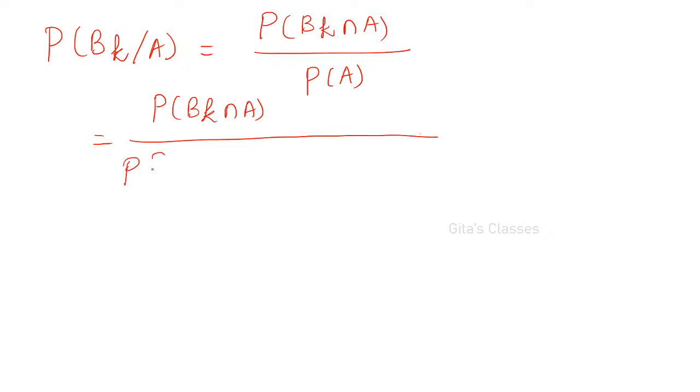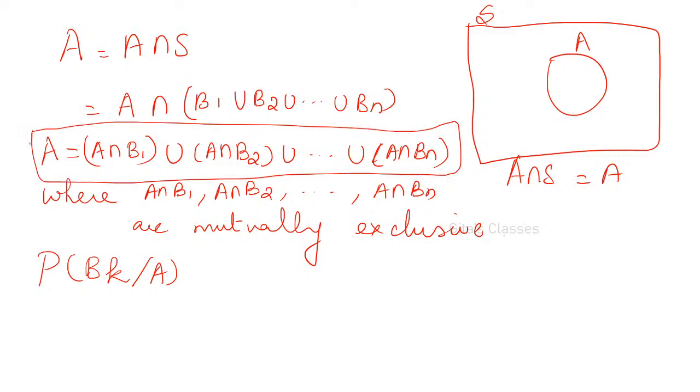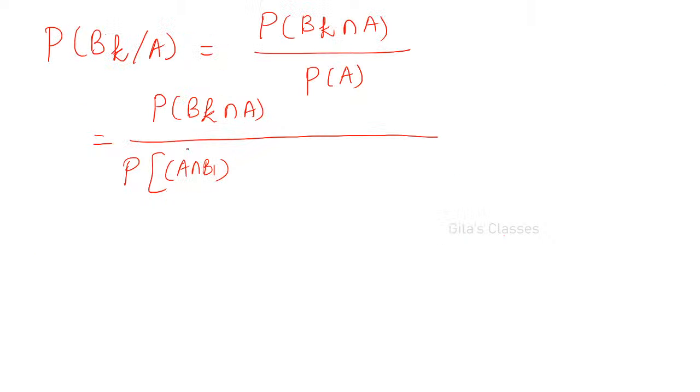So P of A intersection B1. This is what we have done. A is equal to this, from this step I am writing. This is our A. So for P of A I am going to write the right hand side. P of A intersection B1 union A intersection B2 union etc. A intersection Bn.